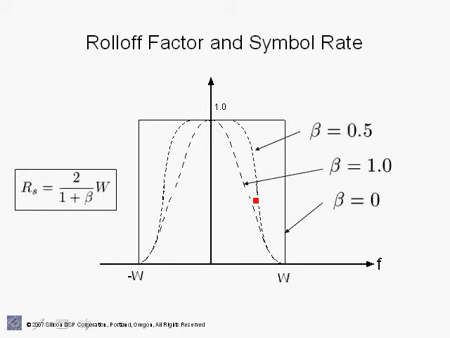This basically shows that we can achieve higher throughput using different values of beta, and this comes at a cost, as we will show when we look at the impulse response for the various raised cosine filters. This is to be expected: for lower values of beta, even though we get higher throughput, in the time domain we have to worry about clock jitter, and if we have clock jitter we can introduce intersymbol interference if beta is small.